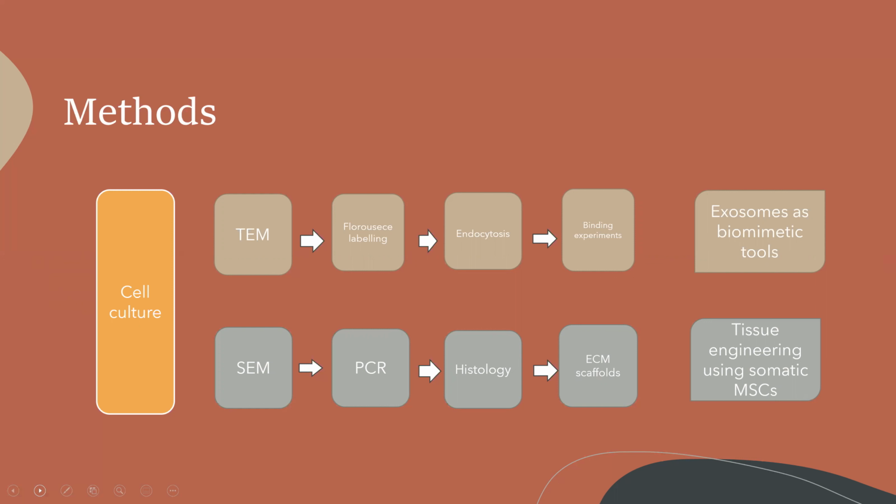Fluorescence labeling was also used to identify the presence of exosomes, as well as binding experiments used to confirm certain binding proteins. For the second study, they also used an SEM, which is scanning electron microscopy, for visualization. They used alizarin red staining to visualize calcium depositions, and the use of dental pulp stem cell derived ECM scaffolds.